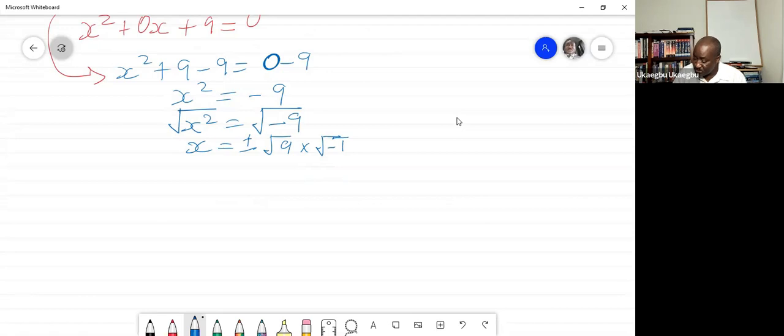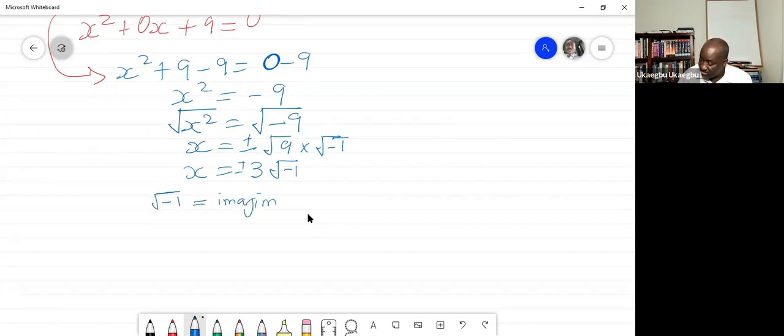You can do square root of 9 to be 3, but you're still left with square root of negative 1.